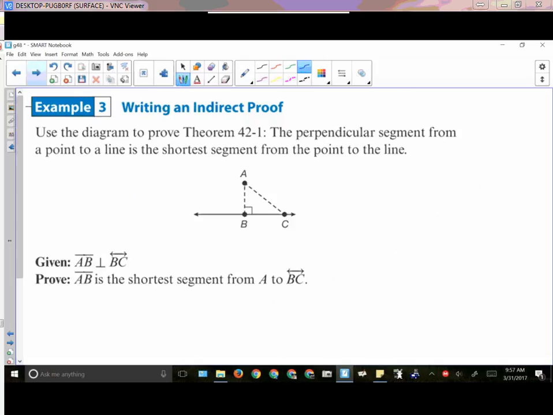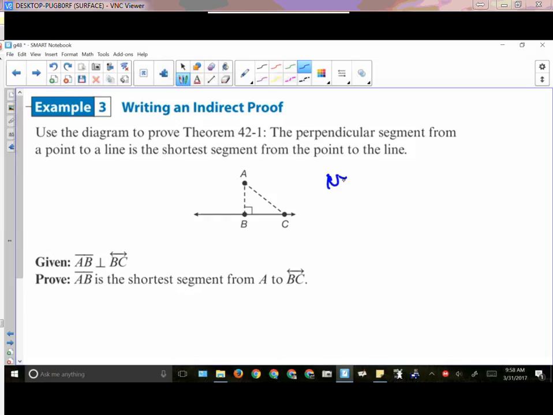So what about this one? I want to prove that a right angle is always going to be the shortest distance between a point to a line. Now we're told that that's perpendicular, correct? So what would I have to assume? Well, I would have to assume that it is not a perpendicular line.